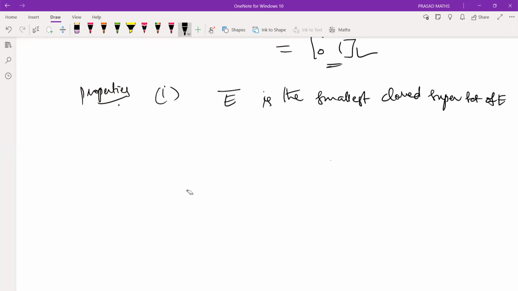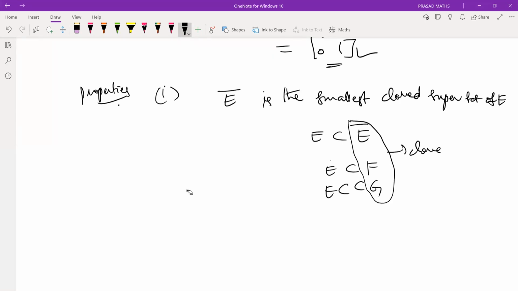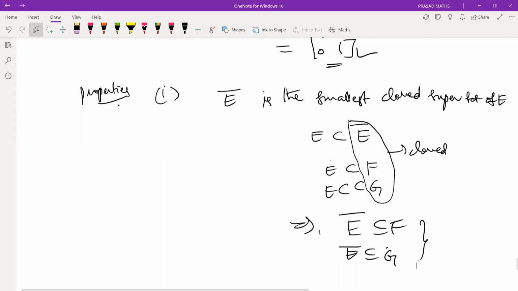Suppose E closure is a closed set which contains E. Suppose F is also a closed set which contains E. Suppose G is also a closed set which contains E. Take these closed sets. The theorem tells you that E closure is the smallest. Understand? This is my smallest argument, right? It's the smallest closed superset of E. It's a closed set, and not only that, it is the smallest closed set which contains E.